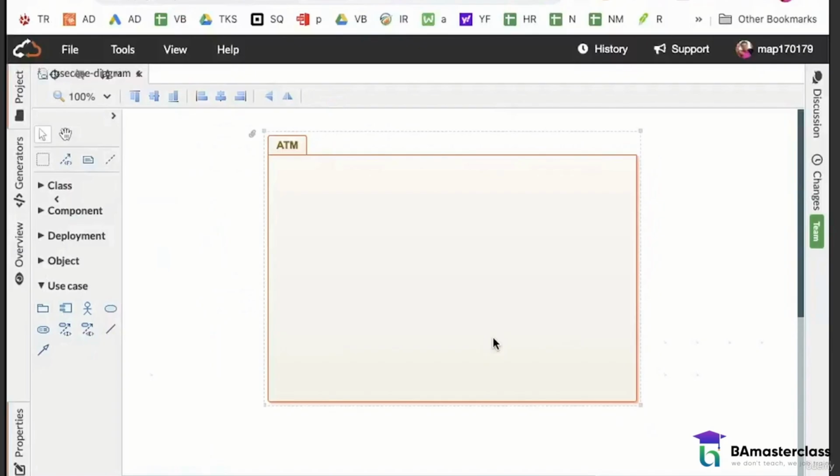A system boundary is used to represent the system for which you are creating the diagram. So this boundary represents your system.